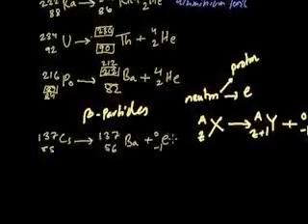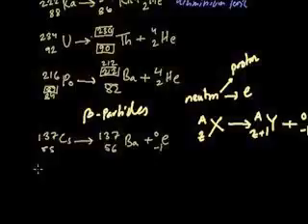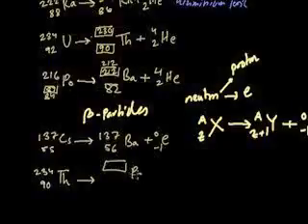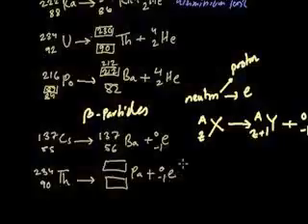So let's do a couple more examples. If we have here 234 and we have here 90, and these are unknown, plus we have a beta particle.